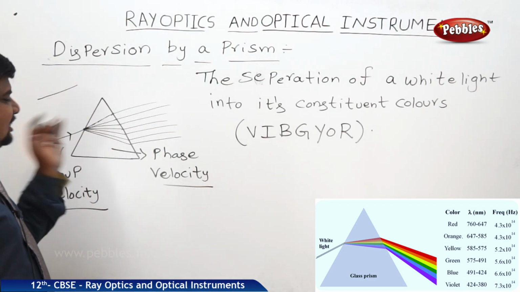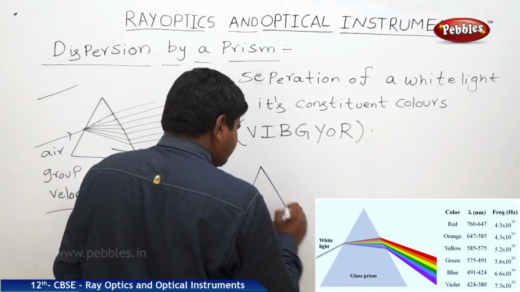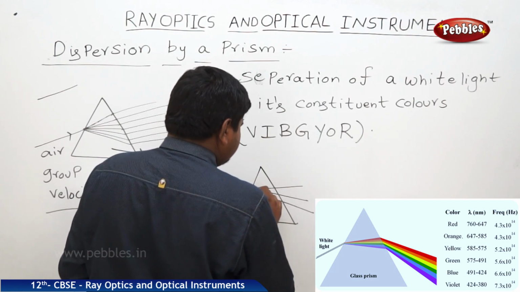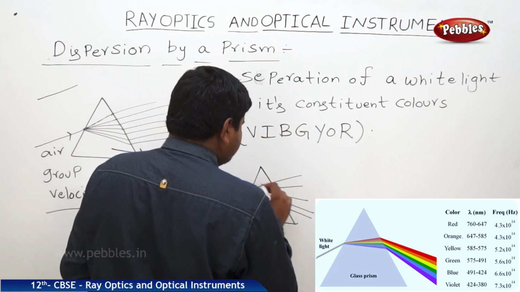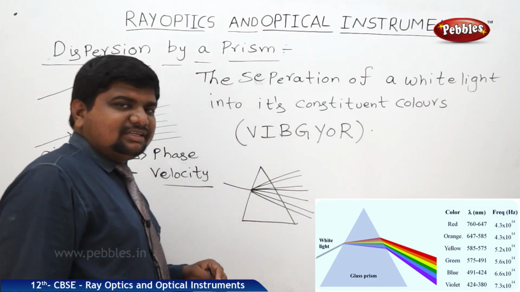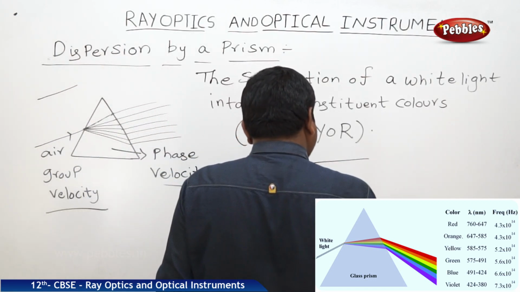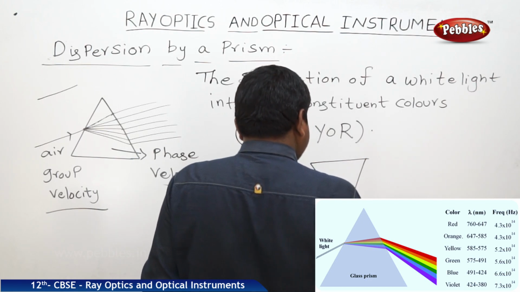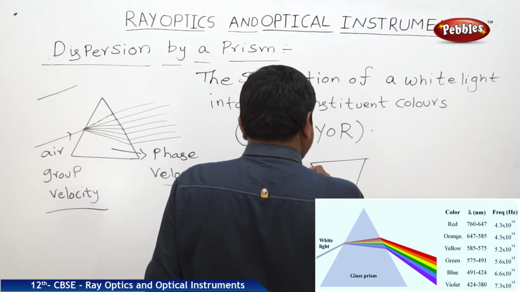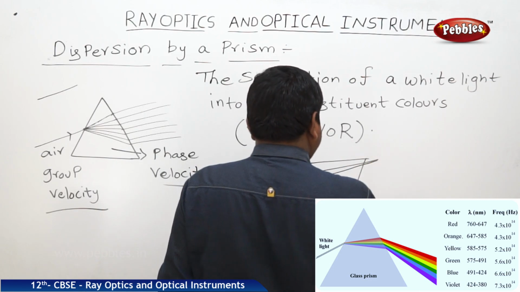For this purpose, what he did is, this is the prism, light splits into 7 colors, and he placed one more prism in the reversed order for this path. So it was united to form a single beam.